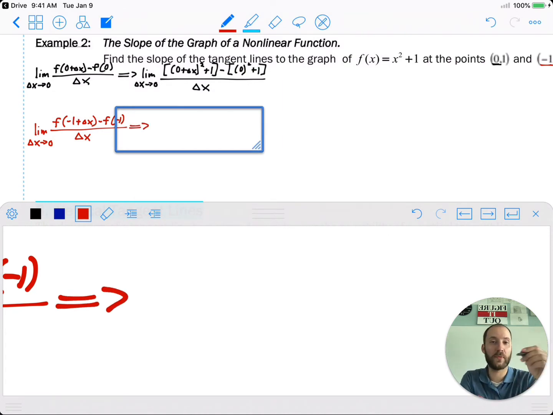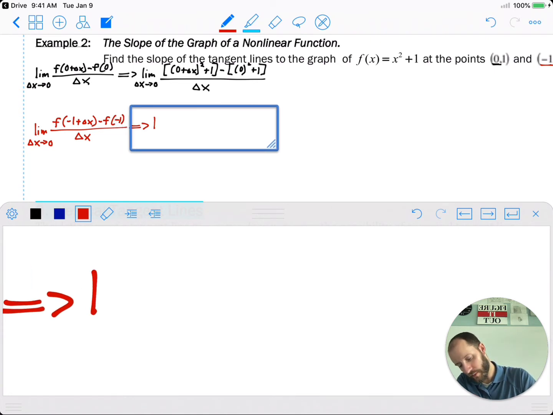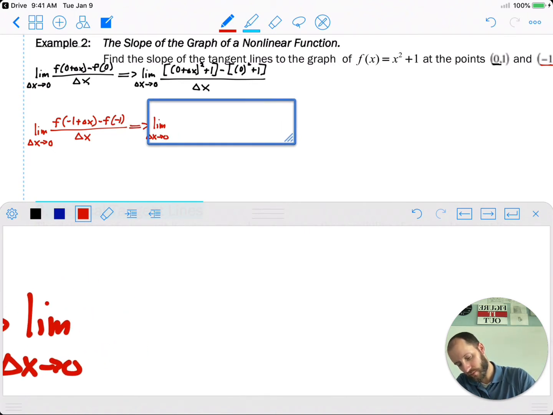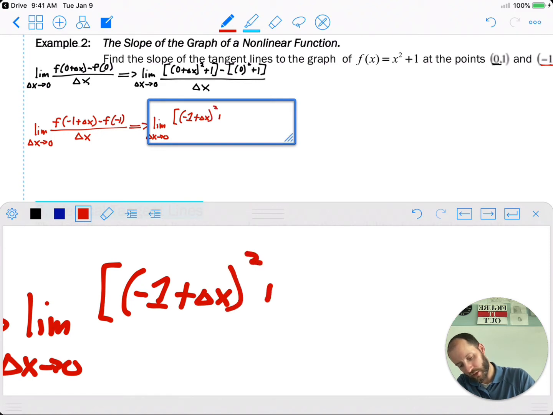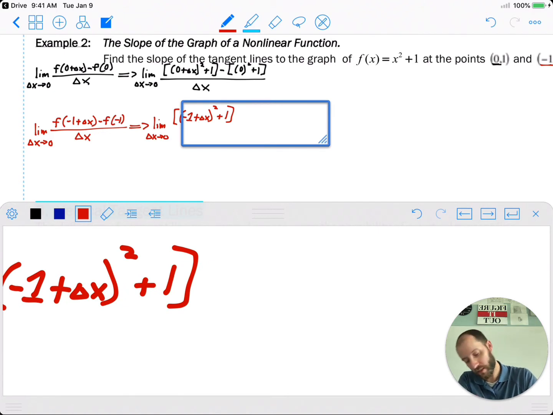Do the same step for the red. So the limit as delta x approaches 0 of negative 1 plus delta x squared plus 1. That's our first set of brackets.